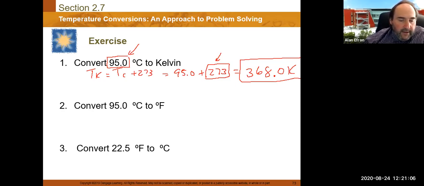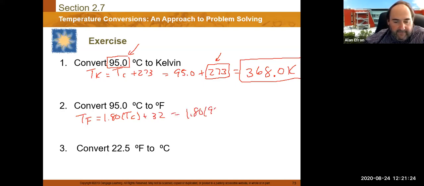All right, so we want to go Celsius to Fahrenheit. And again, temperature in Fahrenheit is 1.8 times the temperature in Celsius plus 32. 1.8 times 95 plus 32 here is going to get us 203.